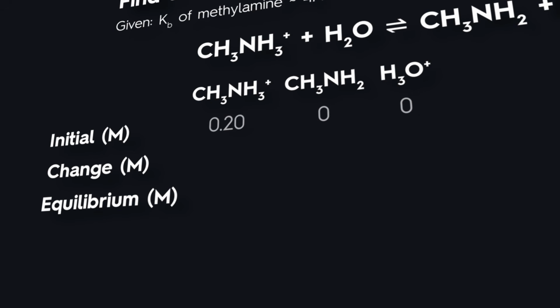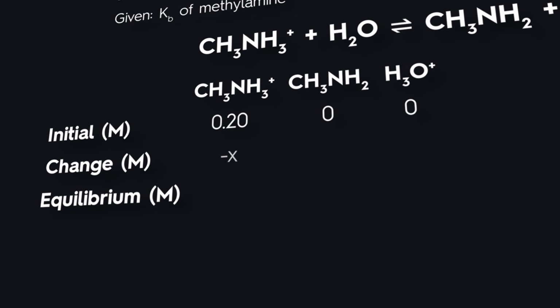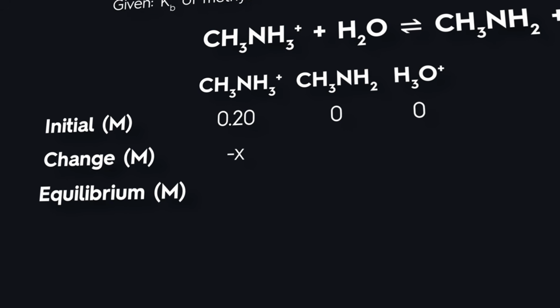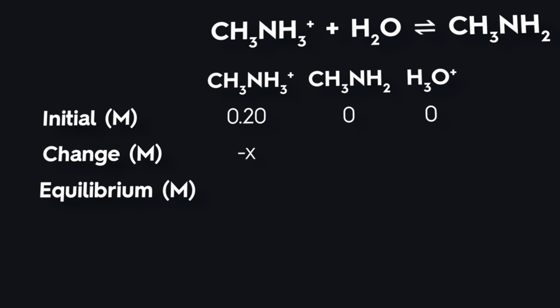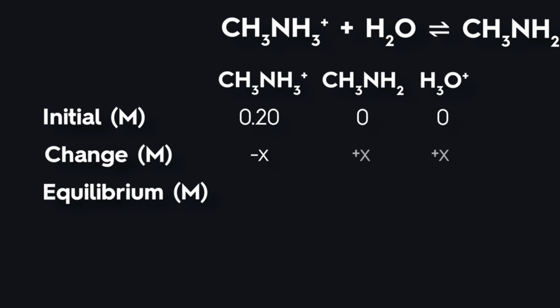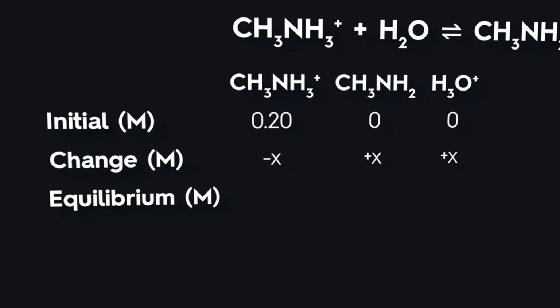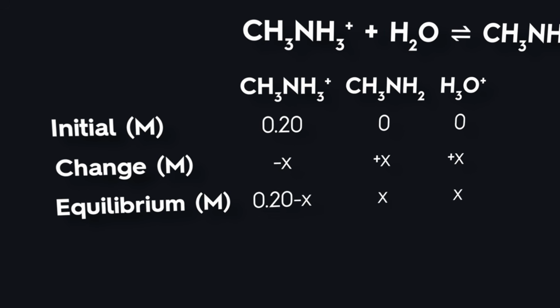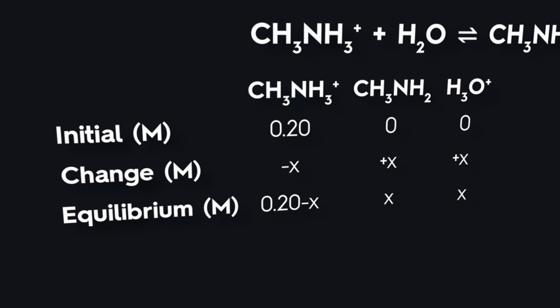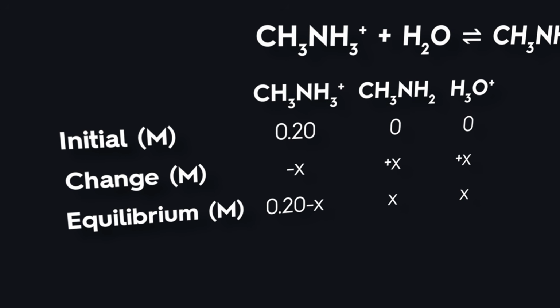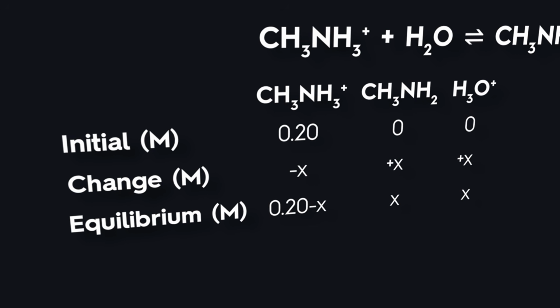We start with 0.20 molar methylammonium ions and none of the products yet. As the reaction begins, a small amount, let's call it X, of methylammonium donates protons to water, forming the base methylamine and hydronium ions. At equilibrium, the concentrations become 0.20 minus X for methylammonium and X each for methylamine and hydronium ions.